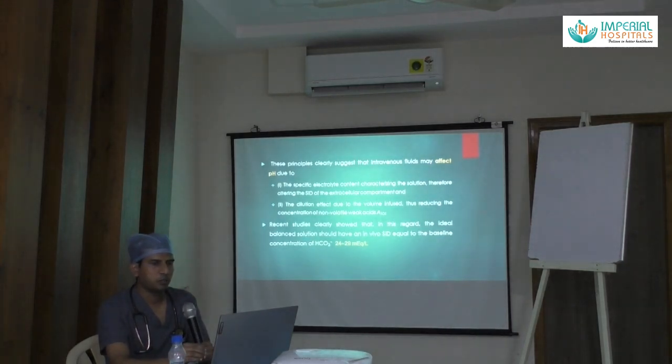Whichever solution we are giving, the electrolyte content in that solution and the strong ion difference of the extracellular compartment should be seen, along with the dilution effect due to the volume infused, thus reducing the concentration of non-volatile weak acids. Recent studies clearly showed that in this regard the ideal balanced solution should have an in vivo strong ion difference equal to the baseline concentration of bicarbonate, that is 24 to 29 milliequivalents.